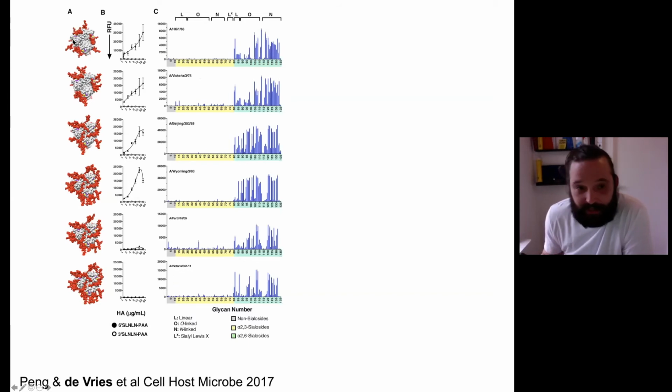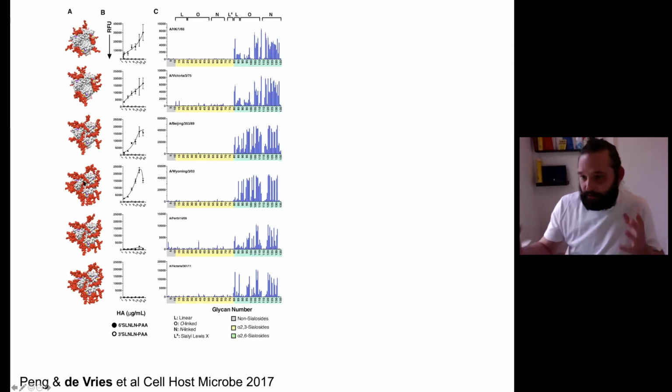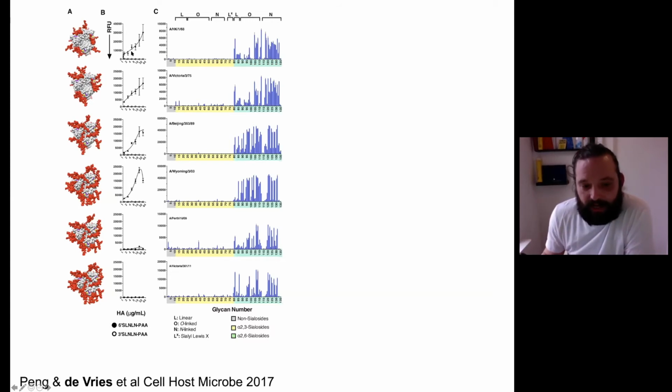We can indeed see that these H3N2 viruses have an increasing amount of N-glycosylation all over the head of the HA. And when we do an ELISA, with linear structures coupled to polyacrylamide, which can bind on plastic, so you can actually do an ELISA, we noticed that after 2003, we don't get any signal in the ELISA anymore.